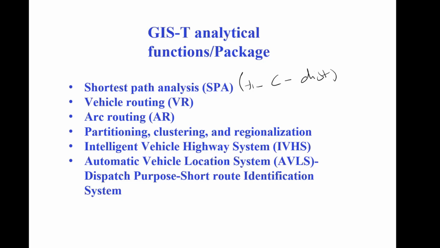For example, as we mentioned in the previous slide, during the input of data, we provide all the information in the form of, for example, number of lanes, width, capacity, density, volume, and so on.